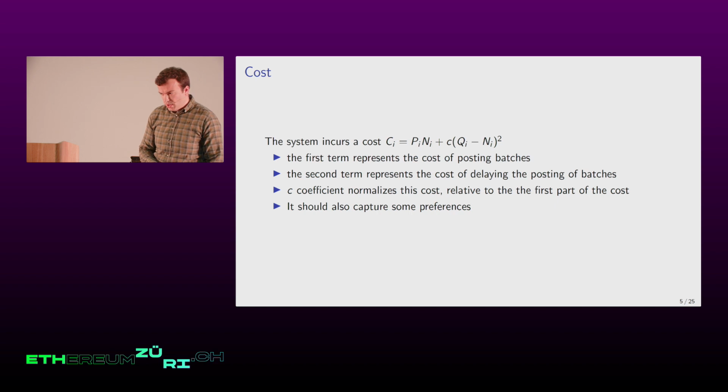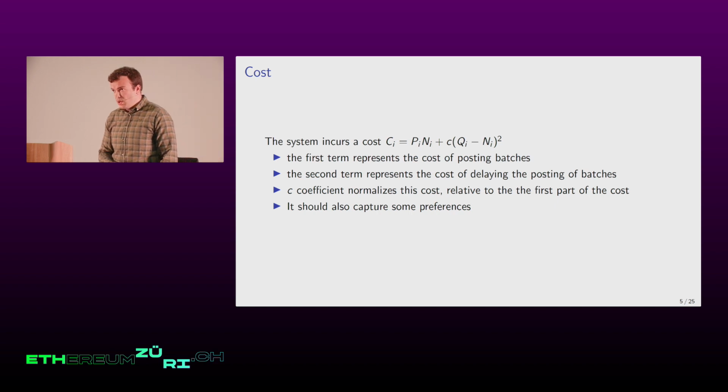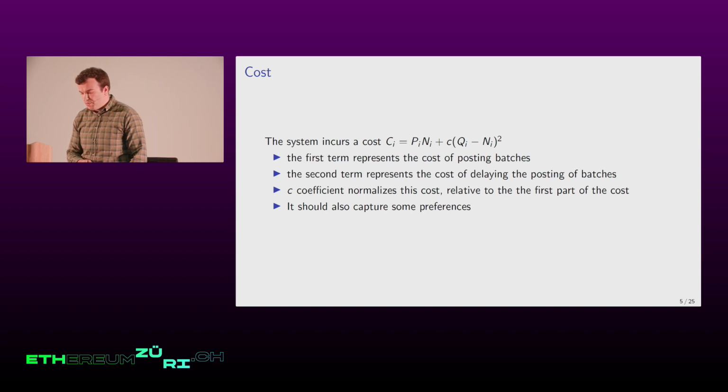Here we take a quadratic function of how many batches are remaining for the future, how many we want to post in the future. But you can take some other function. We thought that quadratic is easier to analyze, it has some nice analytical properties, and also we wanted it to grow faster than a linear function. There is also a normalizing factor C, which should capture some preferences.